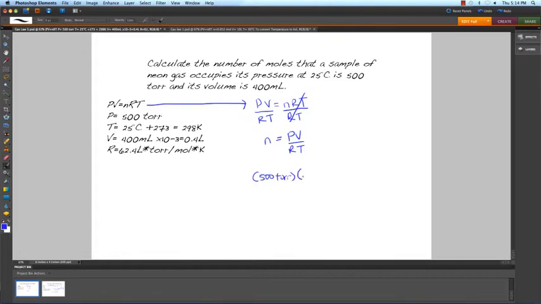Volume is 0.4 liters, divided by the gas constant, 62.4 liters times torr divided by moles times Kelvin, multiplied by 298 Kelvin, which gives you approximately 0.11 moles. And that's your value for n, which is the number of moles.